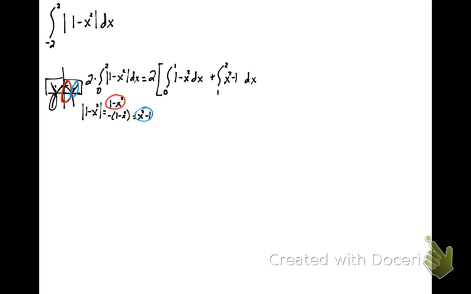In fact, I don't know that I'm going to. If I evaluate this, I know that 1 minus x squared becomes x minus 1/3 x cubed, and I'll be looking at that from 0 to 1, plus I know that x squared minus 1 becomes 1/3 x cubed minus x, and that'll be evaluated from 1 to 2.